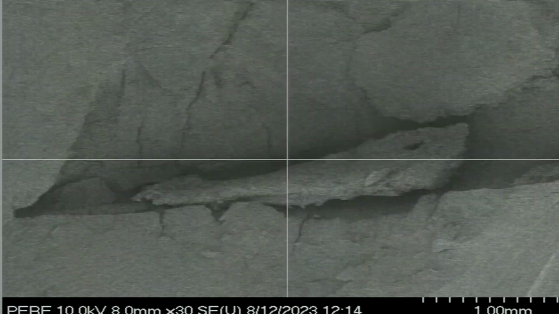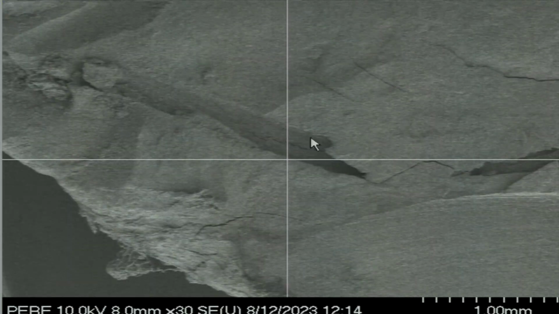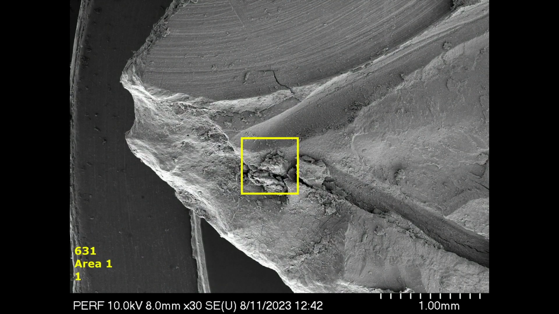And you can see on the mesiolingual canal, there's some pulp tissue still there. And it wasn't an ideal split, so we weren't able to examine the entire canal, but we were able to look at it enough.